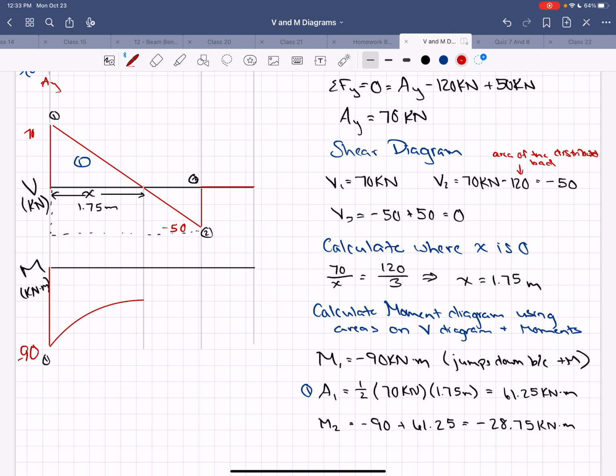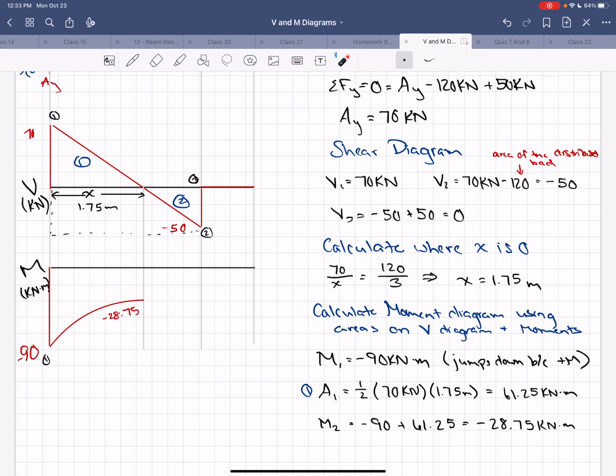And that value will be negative 28.75. All right, now we have a negative area for area 2, so we'll subtract that from this moment to find out what the moment is here.